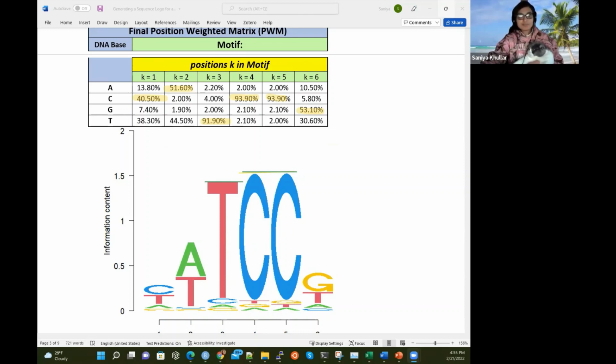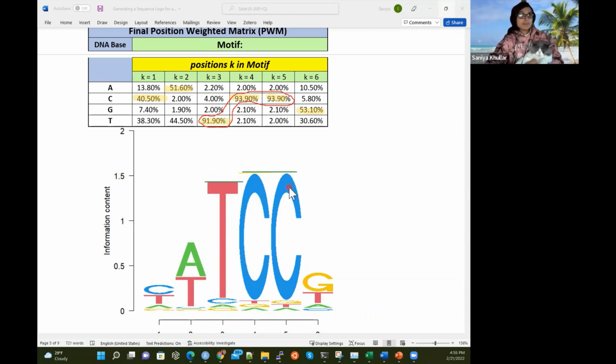If you were to check out these probabilities right here, you would say, oh man, this looks like a really high chance of a T and then a C and a C. It's so close to 100% that you can pretty much reliably say that out of 100 sequences you look at, almost 91 to 92 sequences would have a T on average in the third position of the motif. And similarly, between 93 and 94 of those sequences could have a C in the fourth position. That's pretty high. So you are really confident about having a T and a C and a C here.